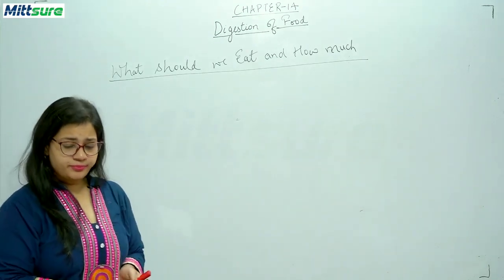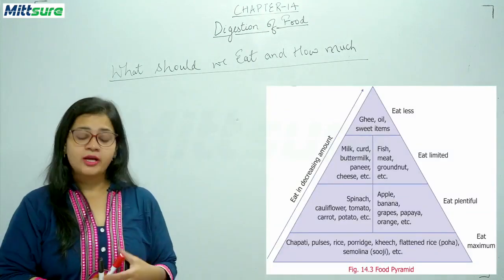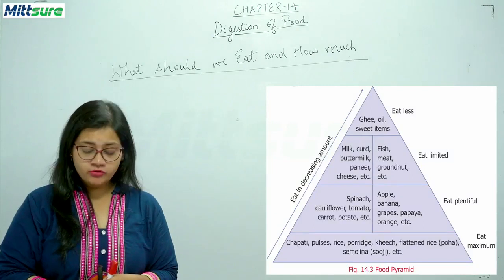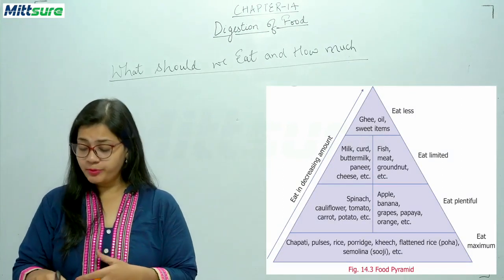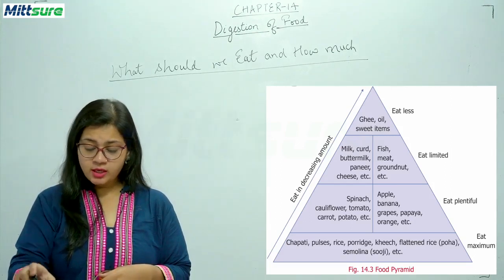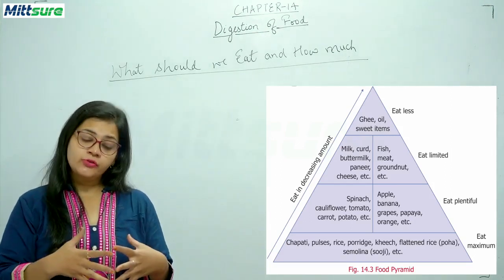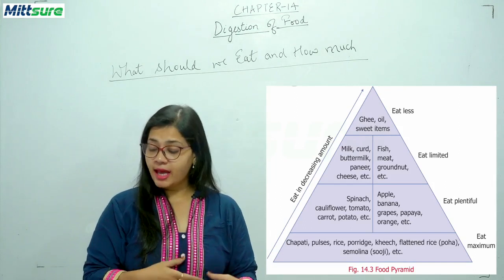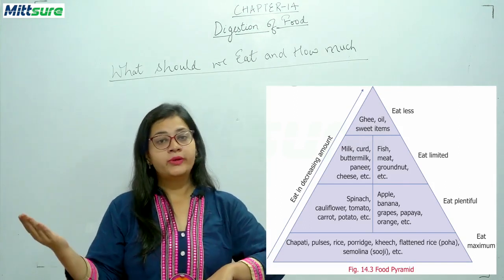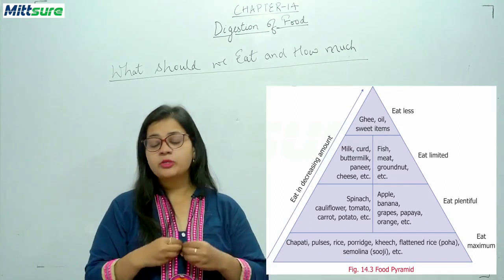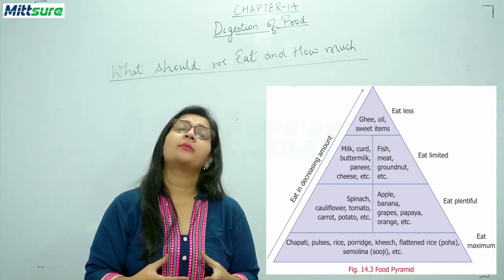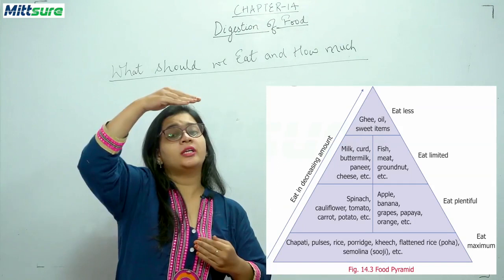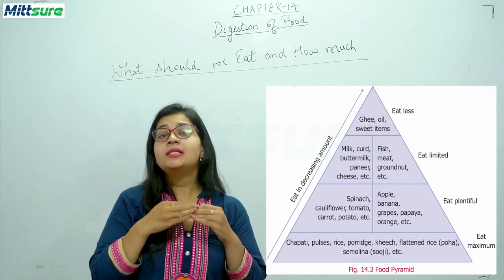Now students, this image that I was referring to is image 14.3, which is called the food pyramid. You can see in the image in your book, clearly you can see that different items are written, and also on the right side it is written how much quantity you should take. And now this food pyramid is in decreasing amount. If you go from bottom to top, you will see that the quantities are decreasing.